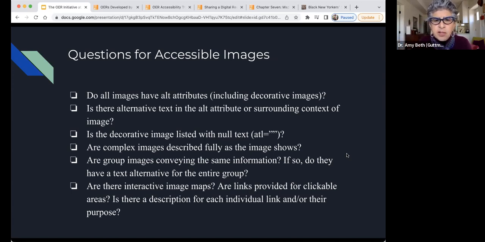Are complex images described fully as the image shows? Are group images conveying the same information? If so, do they have text alternative for the entire group? Are there interactive image maps? Are links provided for clickable areas? Is there a description for each individual link and or their purpose? Next slide.